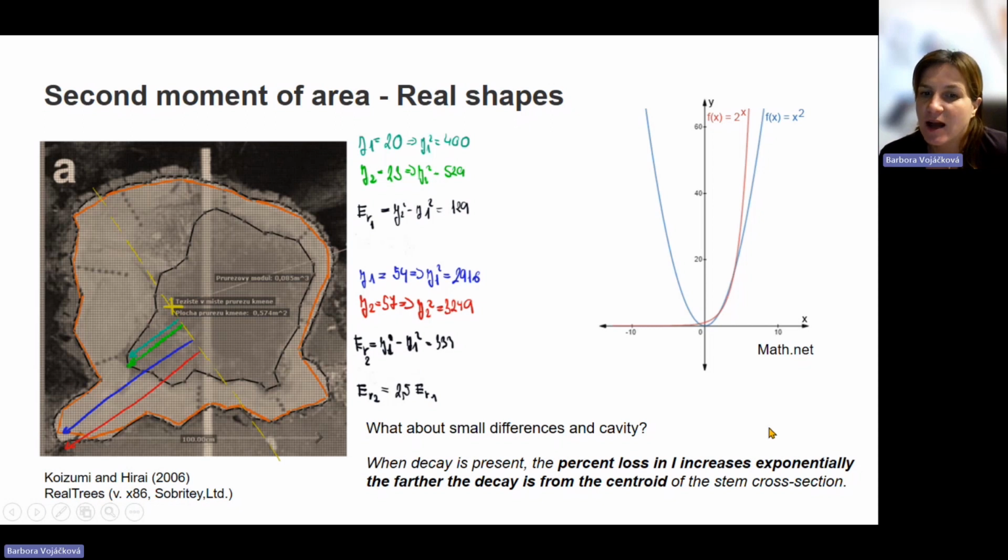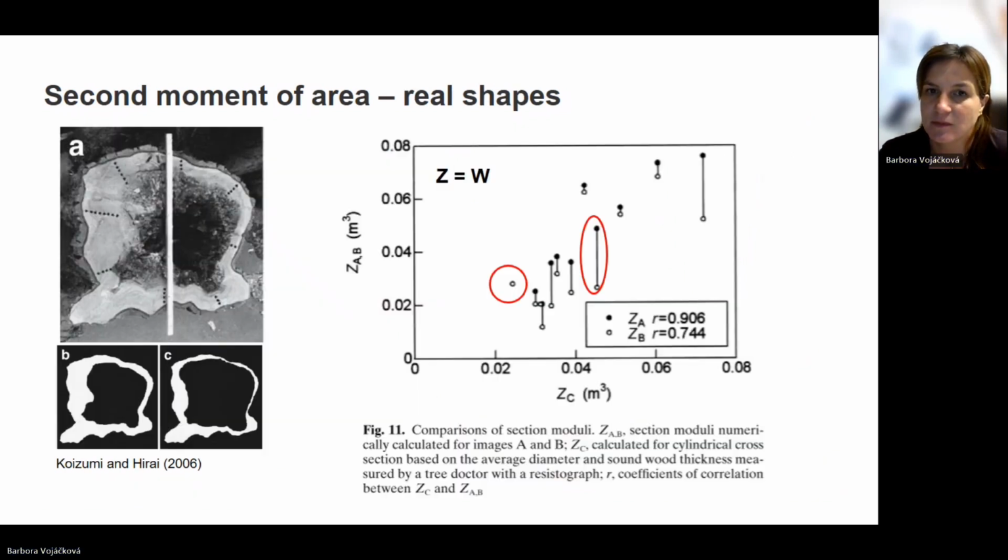It also tells us that the loss in moment of inertia, which is basic, as we said, for the stress computation, looks like it increases exponentially with the distance of the decay from the centroid. So when the decay is farther from the centroid, it is more severe for the tree, for the stress analysis.